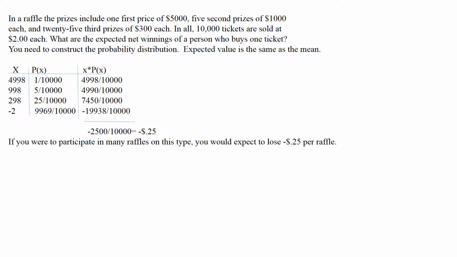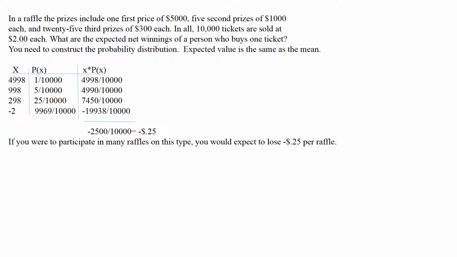To find the mean, multiply 4,998 times 1 over 10,000, 998 times 5 over 10,000, 298 times 25 over 10,000, and minus 2 times 9,969 out of 10,000.